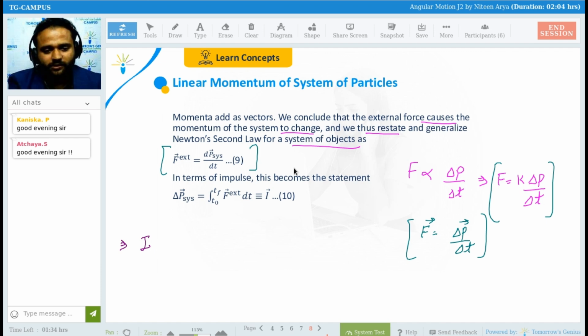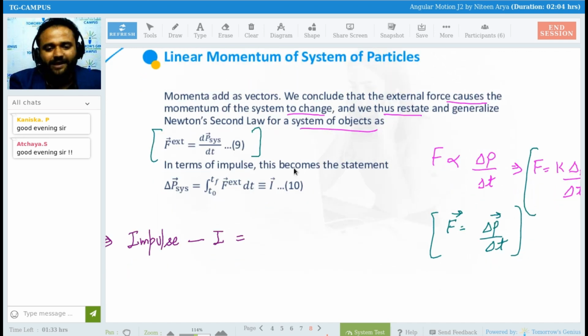In general, you hear this terminology many times, that a particular person has an impulsive nature. What does it mean? Impulse is basically a large amount of force for a very small interval of time. Clear? So that is impulse in general.